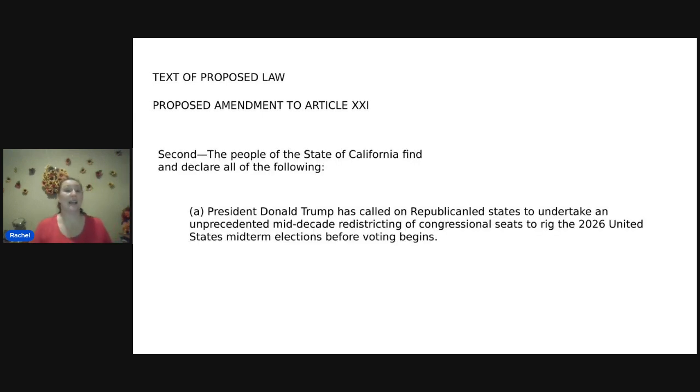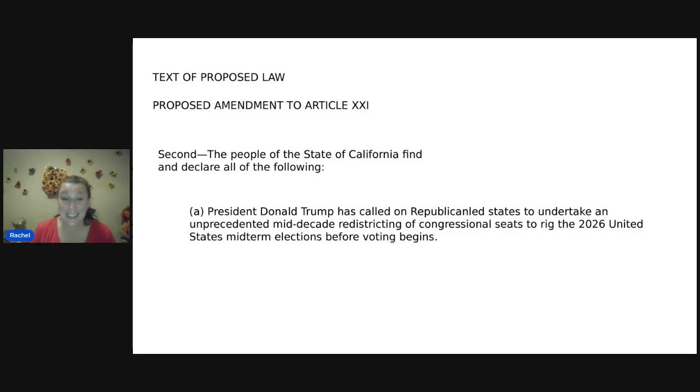So here's the second proposed amendment. So second, the people of the state of California find and declare the following. A, President Donald Trump has called on Republicans. That was copied and pasted. I double checked. That's their word, not mine.